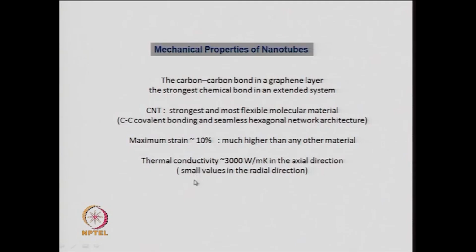You had the electronic conductivity, which is very high for carbon nanotubes, and the thermal conductivity is also very high. It is 3000 watts per meter kelvin in the axial direction, that means in the long direction of the tube. However, in the radial direction, that is along the diameter of the tube, the value of the thermal conductivity is lower, but this value of 3000 is extremely high.